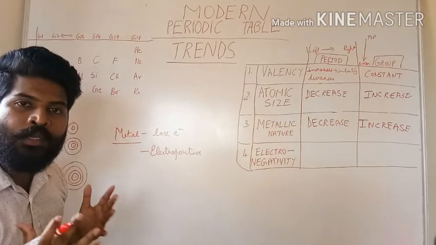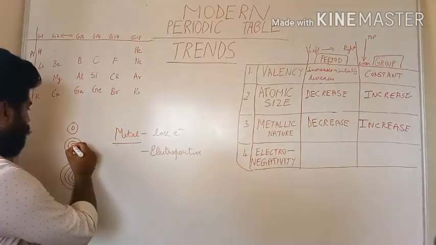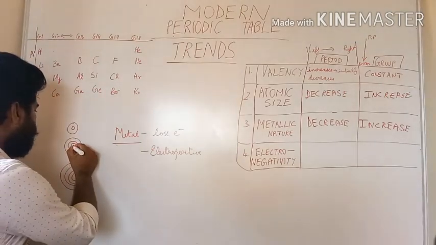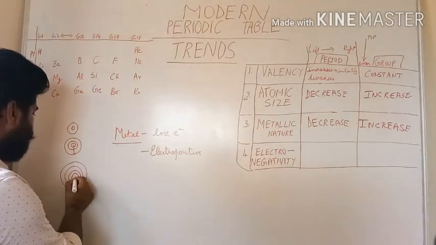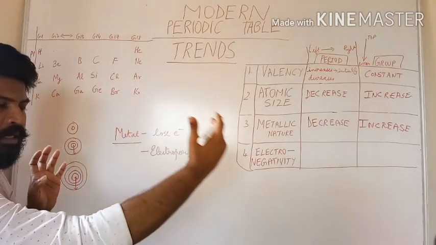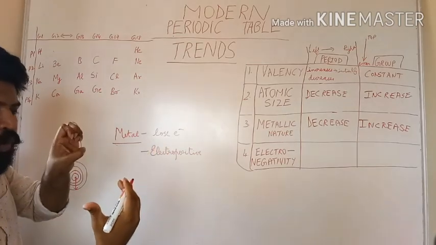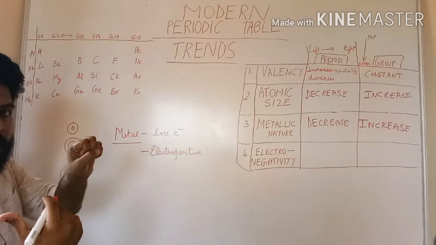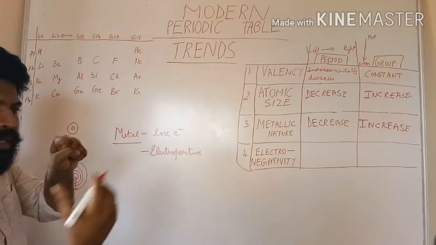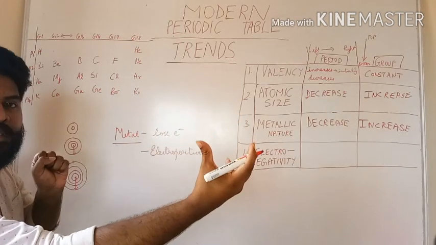So in this case, what happens? The distance of the outermost shell from the nucleus is increasing, atomic size is increasing. Because the distance is increasing, the effective nuclear charge will decrease. The pull of the nucleus on the outermost electron will decrease.